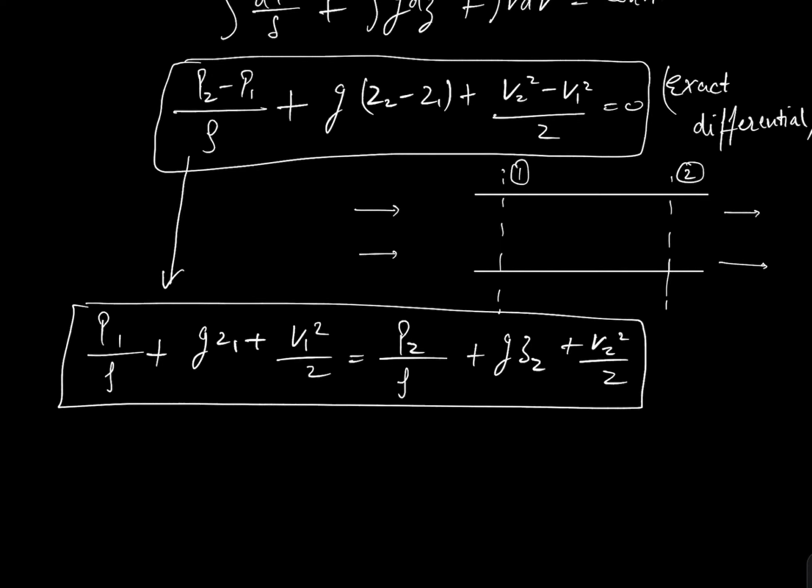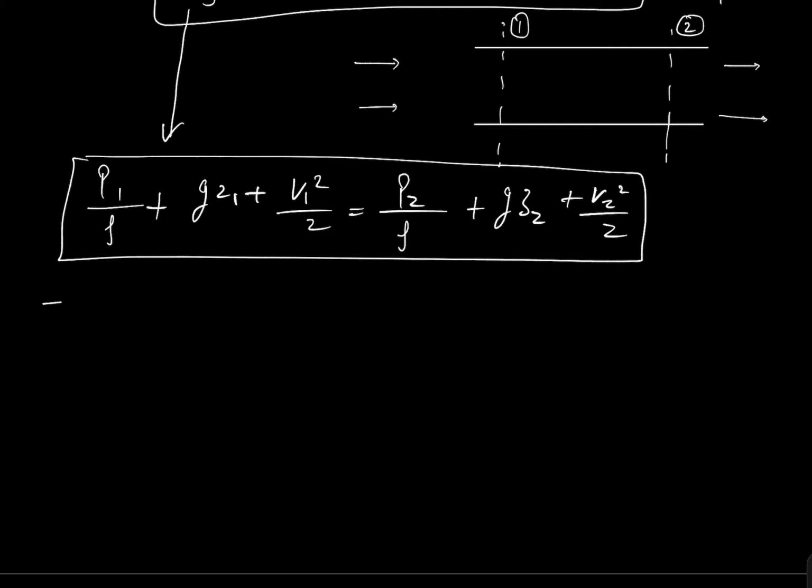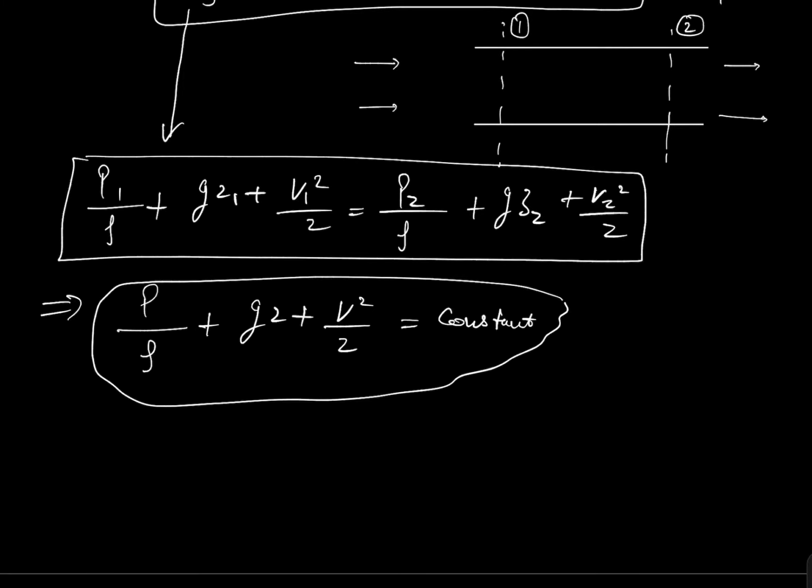This also implies that at any point, p upon rho plus g z plus v square by 2 is equal to constant. This is actually Bernoulli's equation.